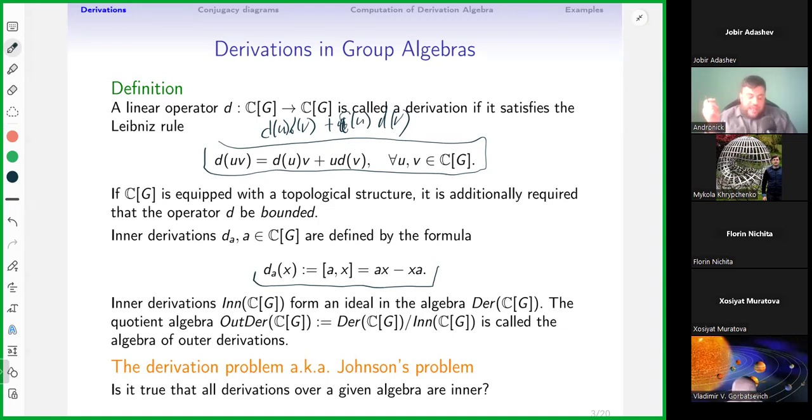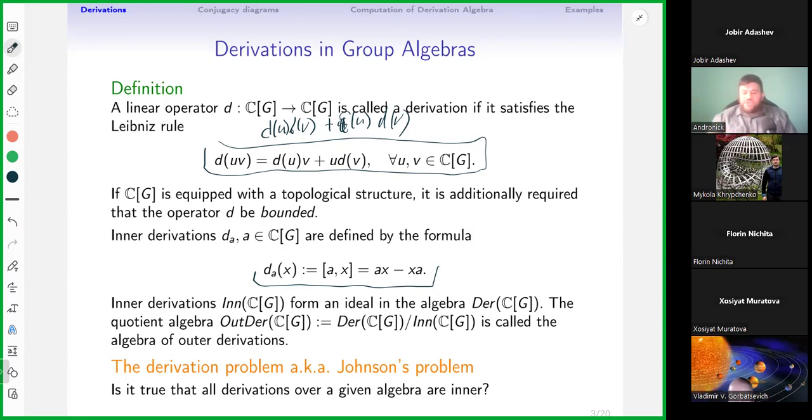That's first of all. Secondly, the main question, a very well-known question, is the so-called Johnson's problem. Are there any other derivations except inner ones?